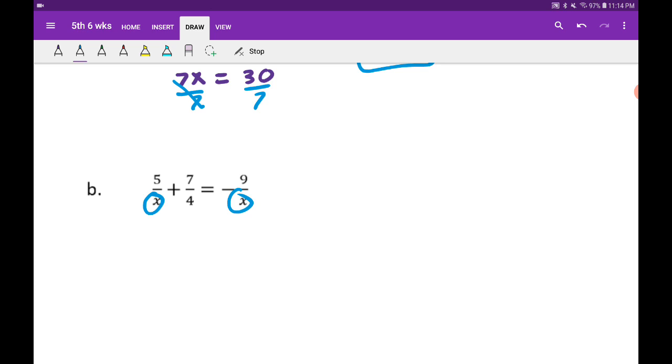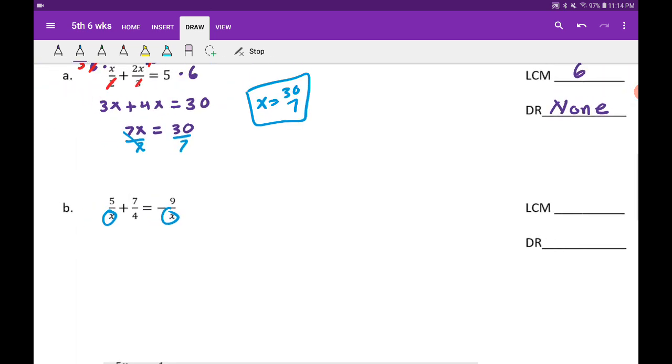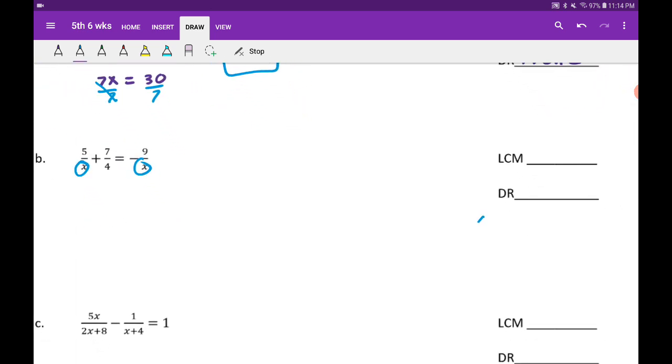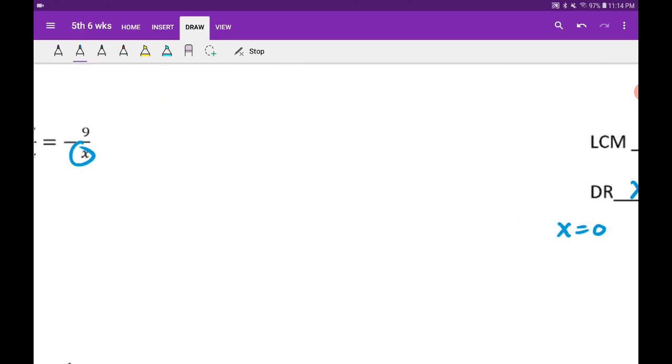Since there's only an x, it has to be 0. One thing you can do is take your denominator and set it equal to 0. So our domain restriction is what x cannot be, and x can't be 0 in this case. It can be any number but that 0.